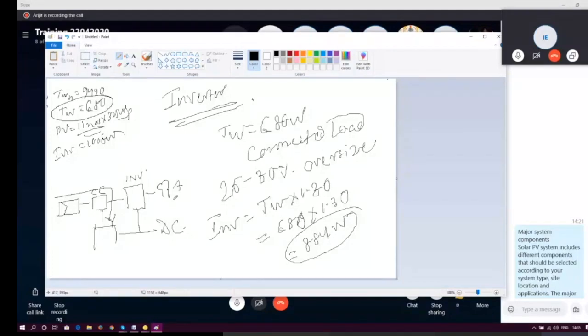So the inverter sizing should be the same as the load sizing, right? Even in on-grid, the load sizing is the consumption, and we also take the inverter sizing from the load itself. I would ask you to do the screen sharing of the inverter part.